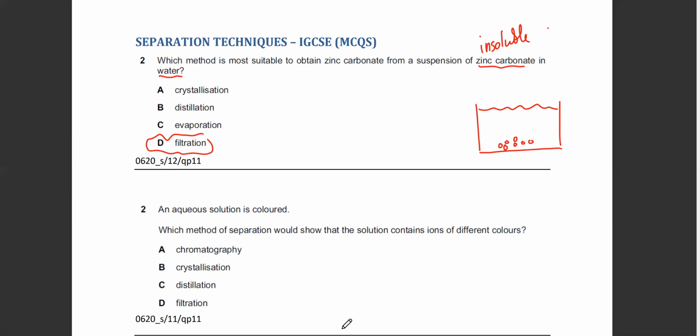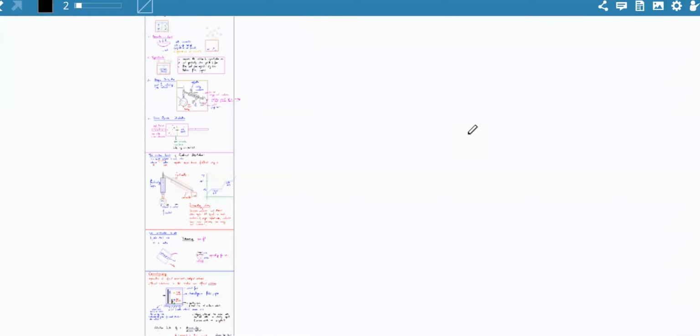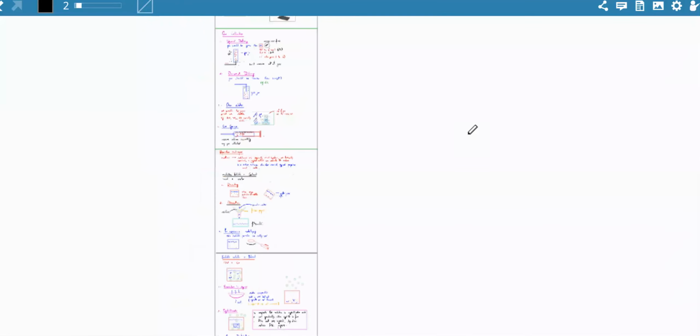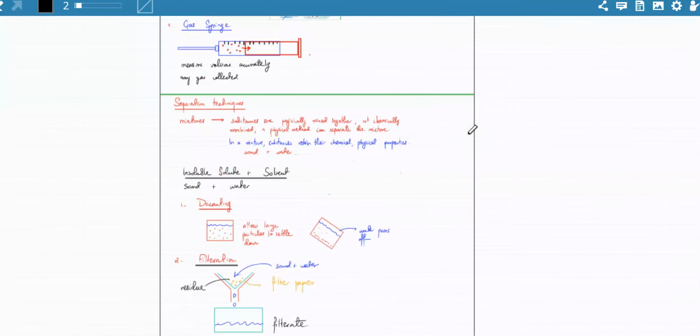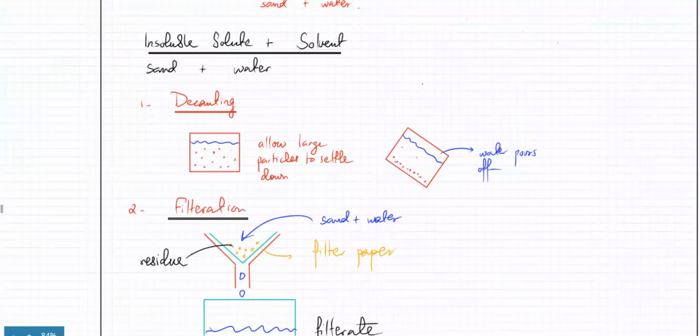Remember, there were lots of methods of separating insoluble particles. Just going back a bit. Right now, I'm assuming you don't know what zinc carbonate is, that it's insoluble. I'm going to add the information that's missing. In later chapters, you'll learn about zinc carbonate.